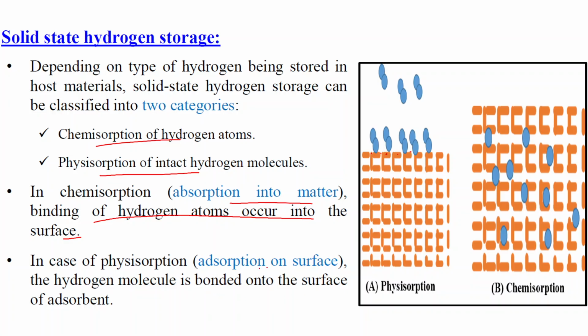In the case of physisorption, the hydrogen molecule is bonded on the surface of the adsorbent. Okay, in the case of physisorption, it only sits at the surface, whereas in the case of chemisorption, it gets absorbed into the pores of the solid. Okay.